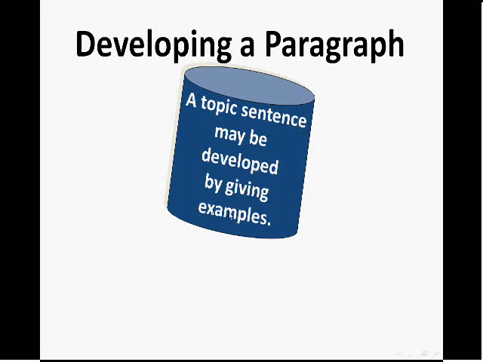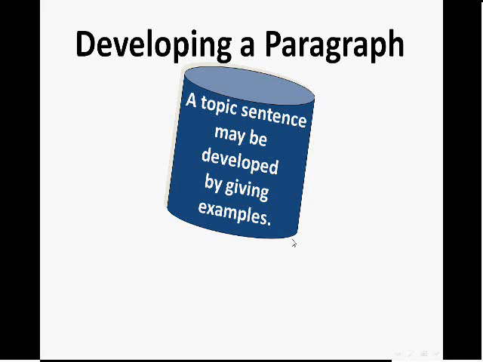There are many ways to develop a topic sentence, and I'm going to give you an example now. First, as we said, I write a topic sentence, and in order to develop it, I can give lots and lots of examples. This is a way, okay, to give more examples.